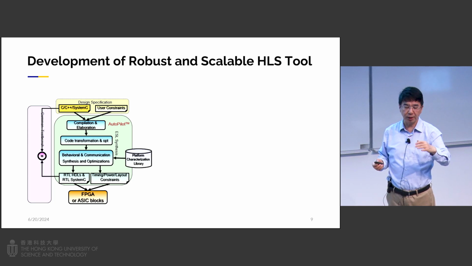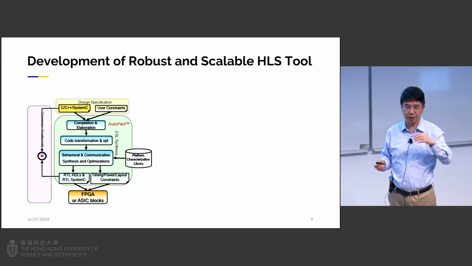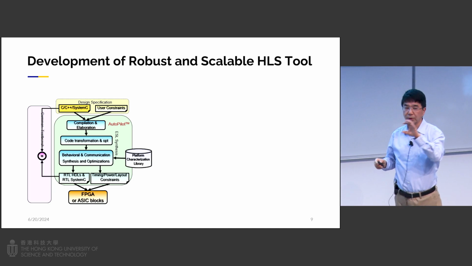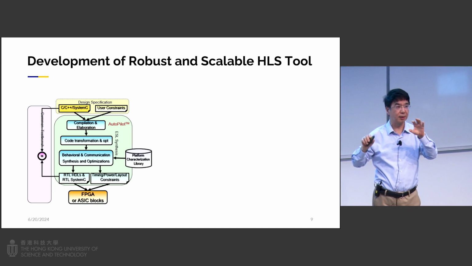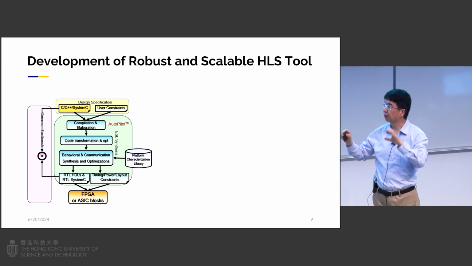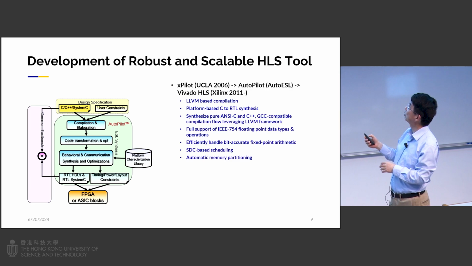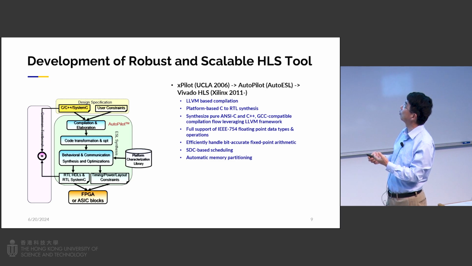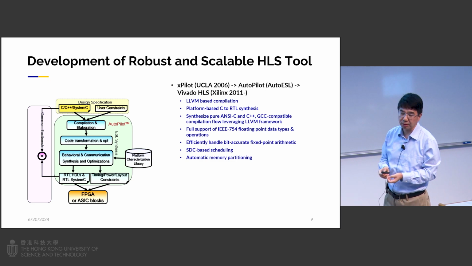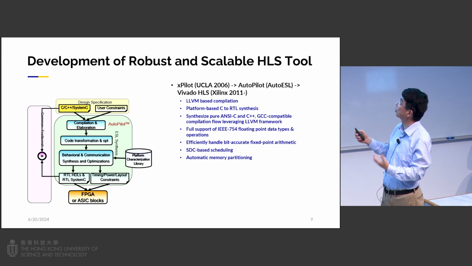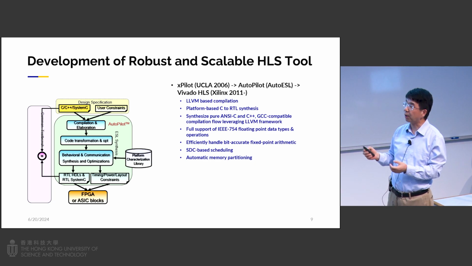So instead of generating, for example, x86 instructions or ARM instructions, after the first part, we generate the customized backend. We go through scheduling, resource allocation, and we generate VHDL or Verilog. So that was a very successful project, and the system called XPilot, later called AutoPilot, was the spin-off, because a number of companies wanted to use that. Eventually Xilinx acquired the company.